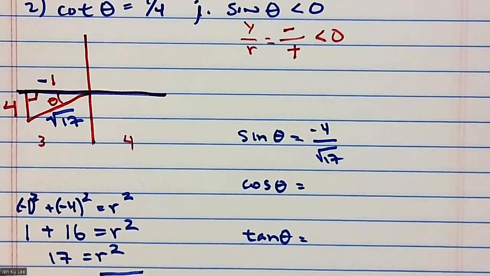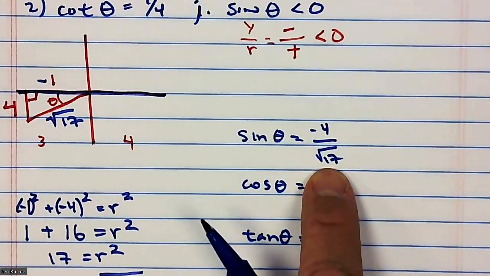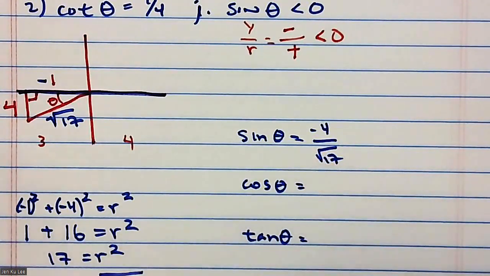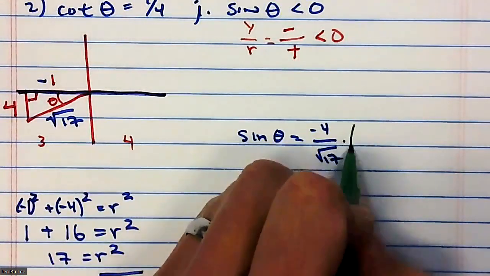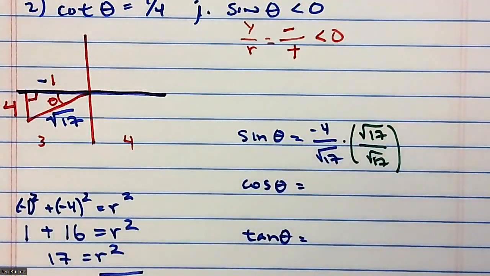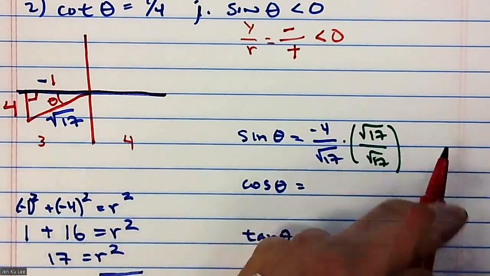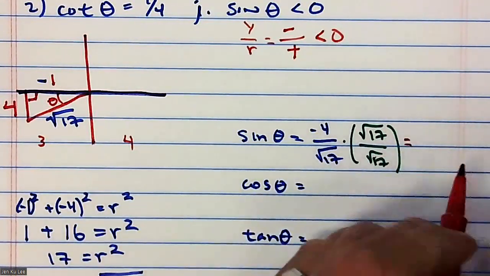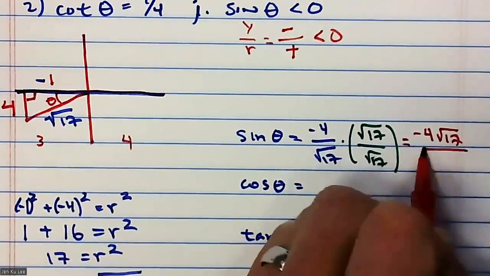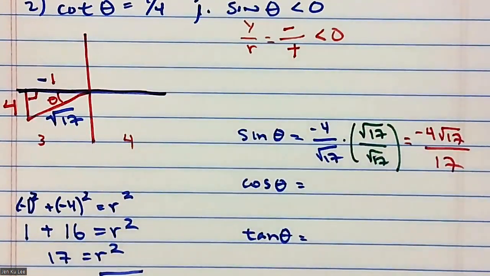But I cannot have a square root in my denominator. So I need to multiply this by square root of 17 over square root of 17, making negative 4 over square root of 17 be negative 4 square root of 17 over 17.